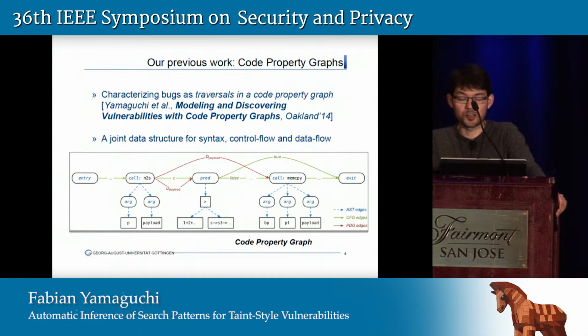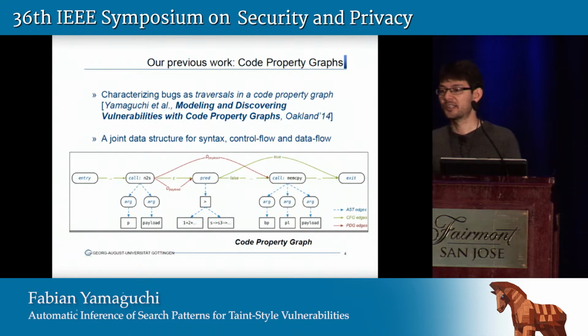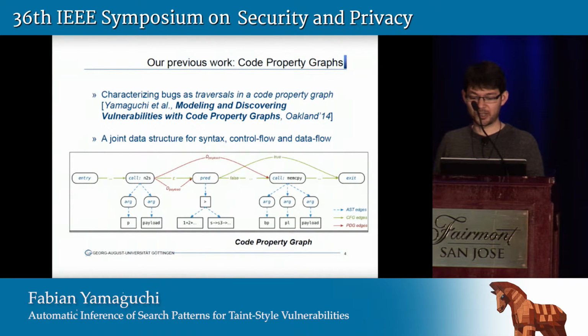Now, in our previous work at last year's conference, we presented an approach to identify different kinds of bugs, including taint-style vulnerabilities in particular. We presented a joint data structure that we call the code property graph, and it exposes syntax, control flow, and also data flow.